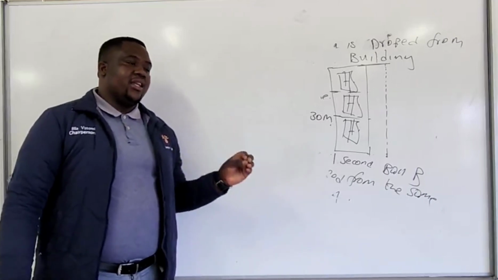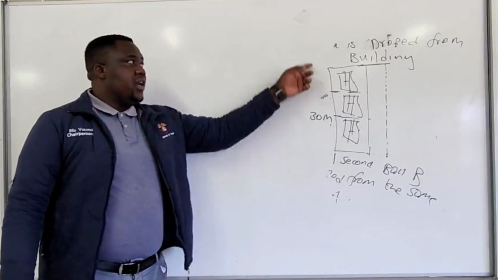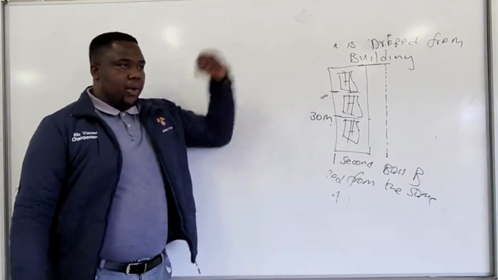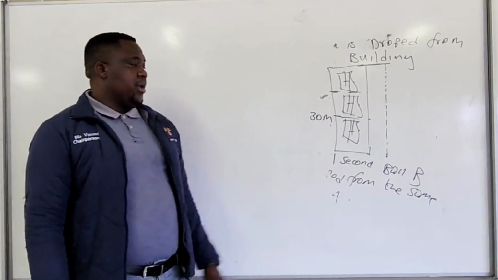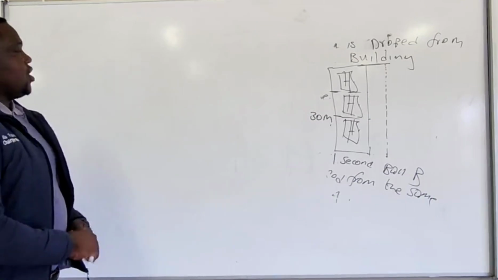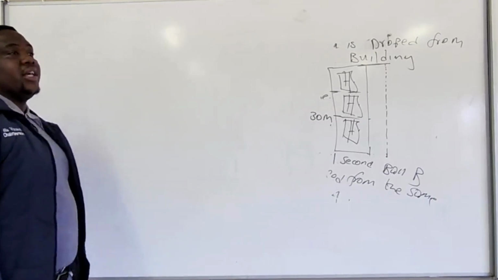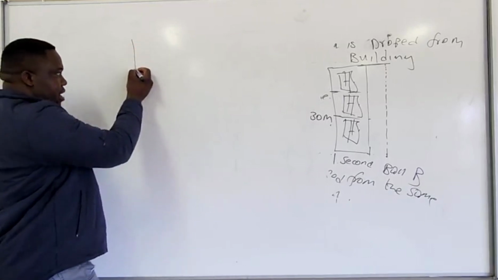After 1 second, when ball A was dropped, ball B is dropped. You understand? Okay, so let us represent that on a position time graph.